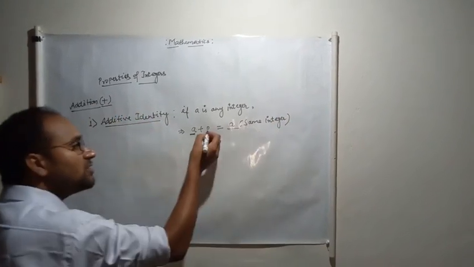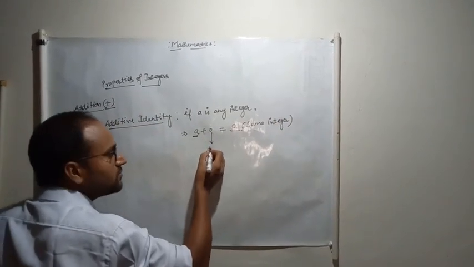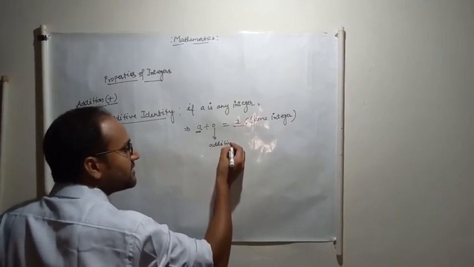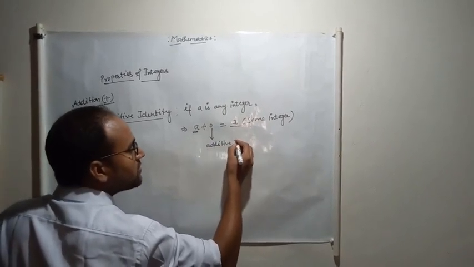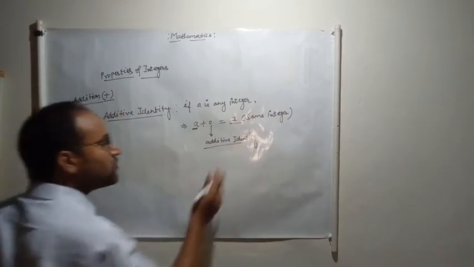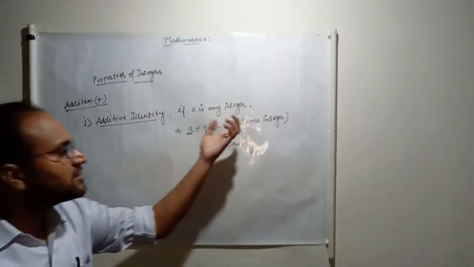So students, 0 is called the additive identity. Means by adding 0 to any integer, you get the same integer.